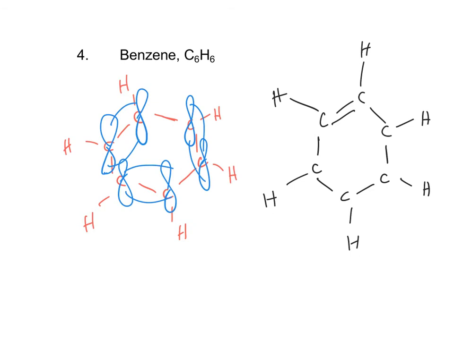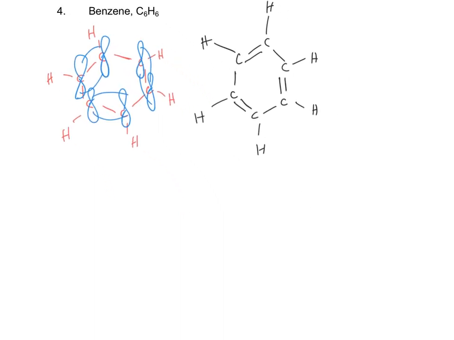So then you get alternating single and double bonds. All right, now there's another equivalent structure where the double bonds are in the other place. So in other words, you got bonding here, here, and here instead of the way it was done with the blue.